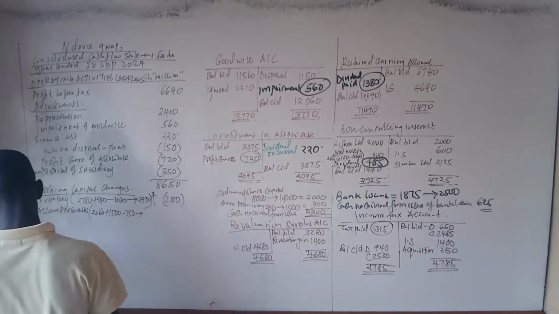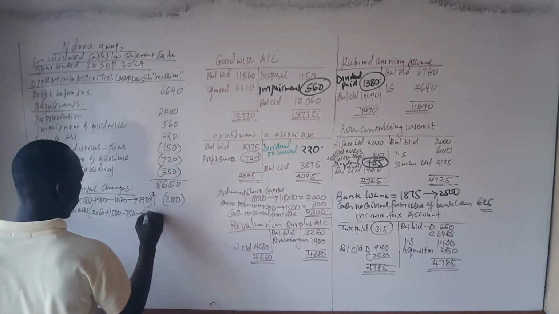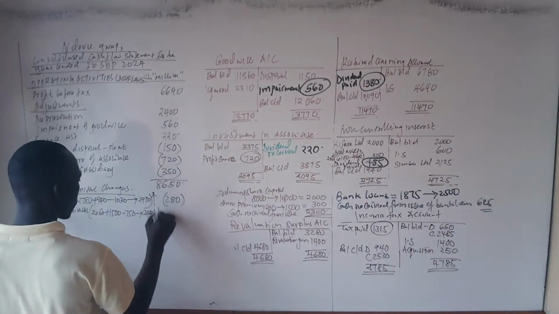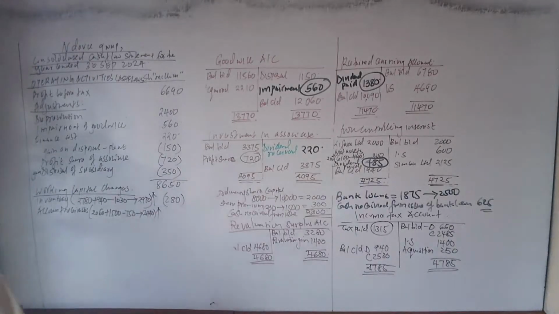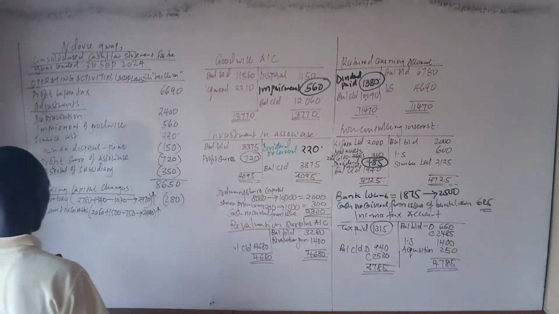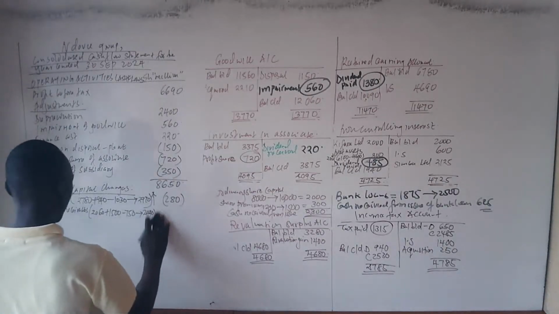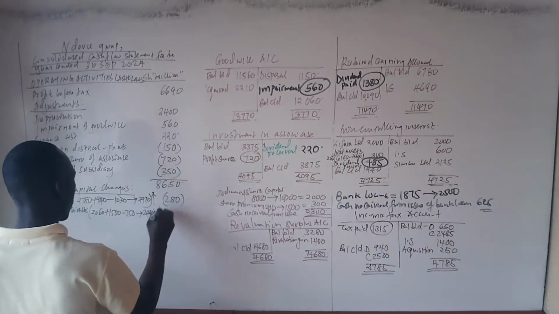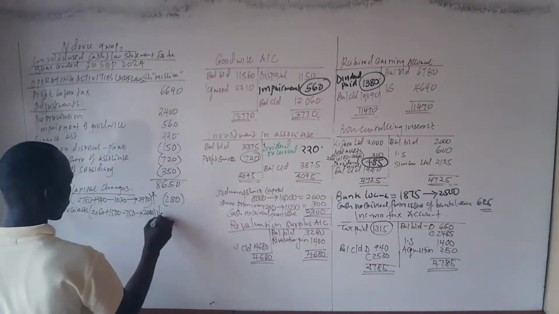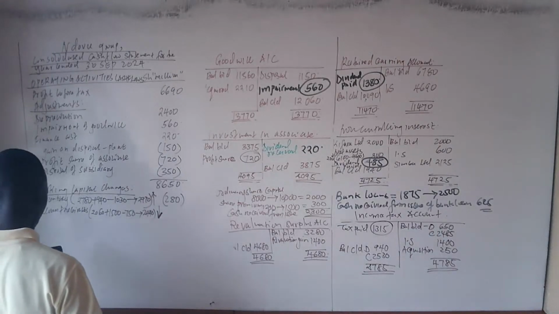At the end we had how much? 2440. So 2060 plus 1500 minus 750. In that case, they have decreased. And if they have decreased, our customers are paying.